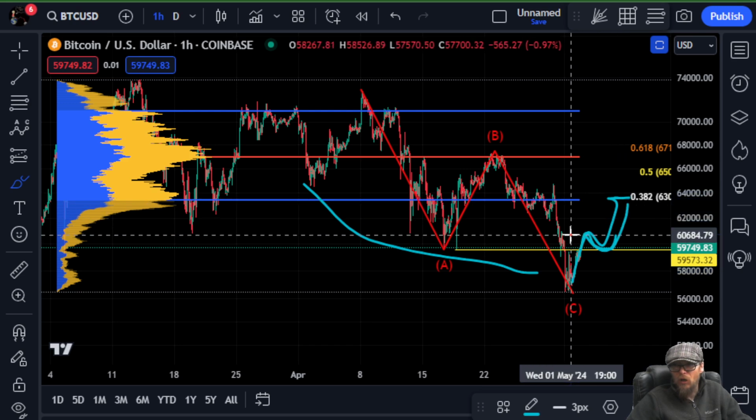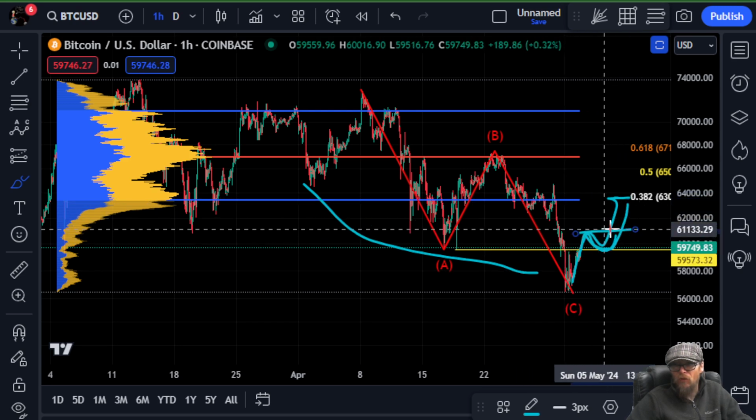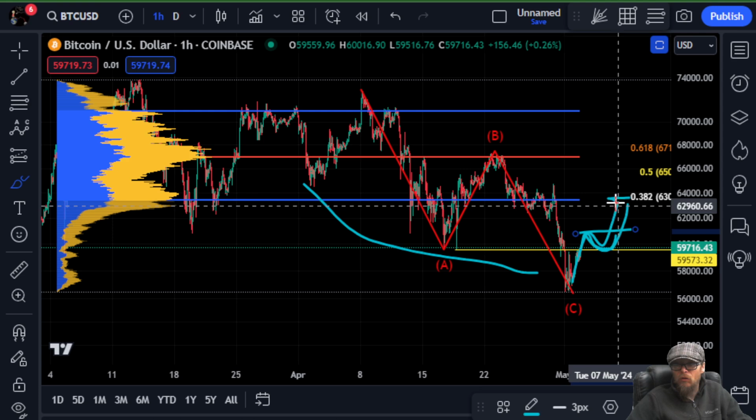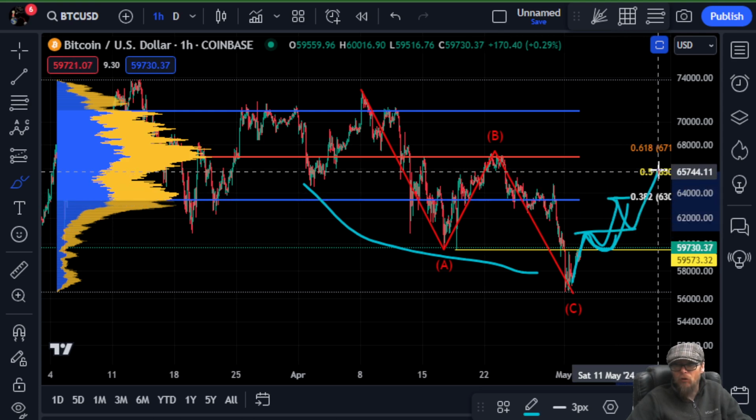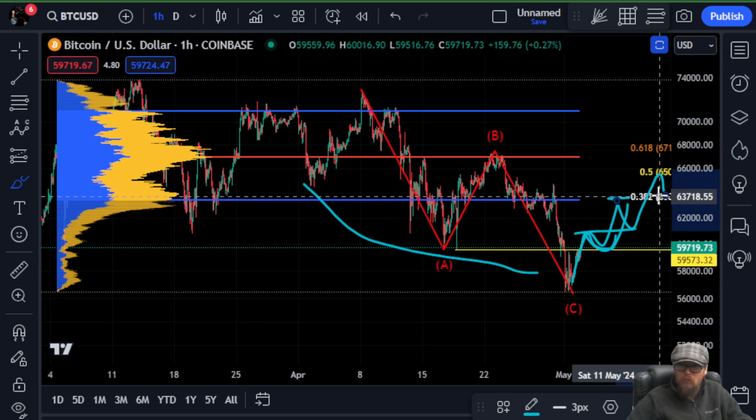And then you would be looking at whatever the high of this move is here to potentially come back and put in a third wave.